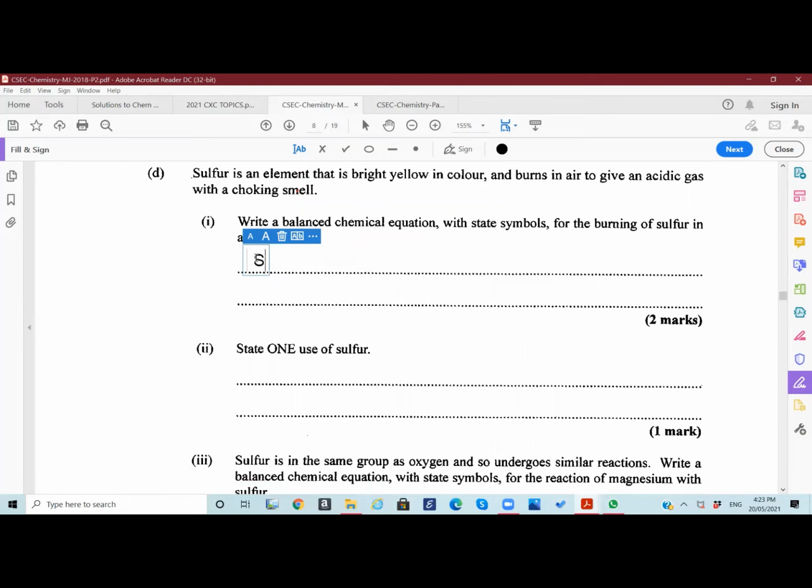Sulfur plus O2 will give sulfur dioxide. And that's the gas that's formed. Right? They said it gives an acidic gas with a choking smell.